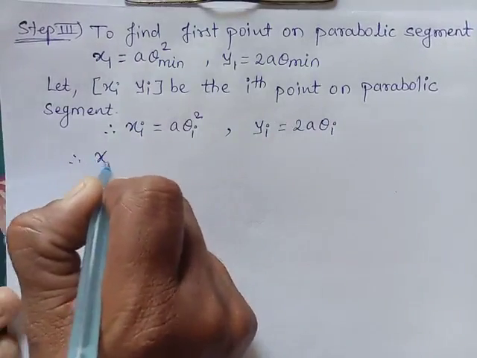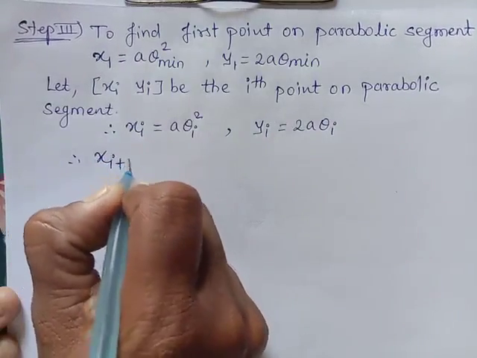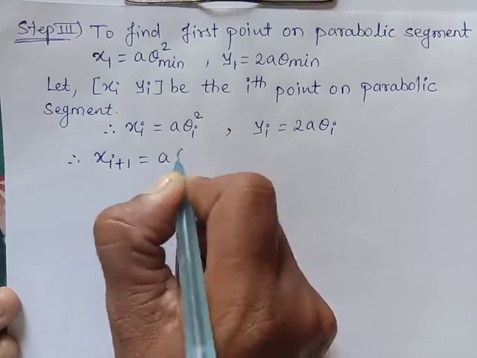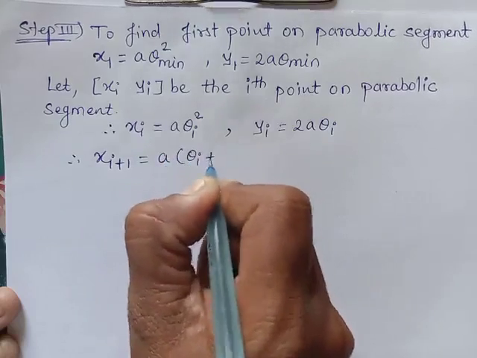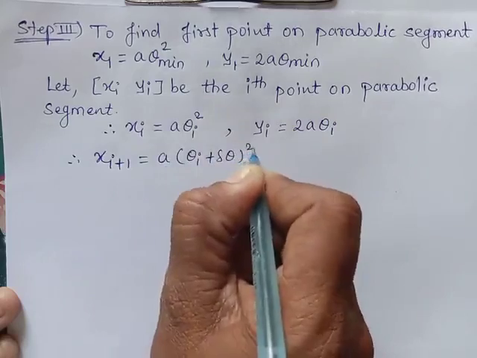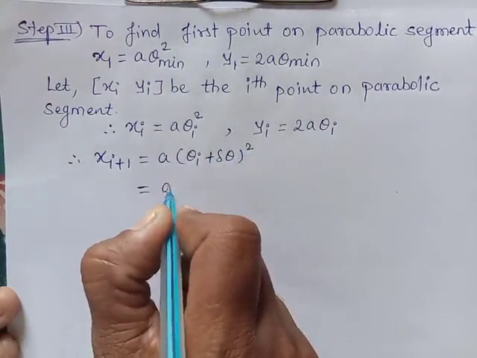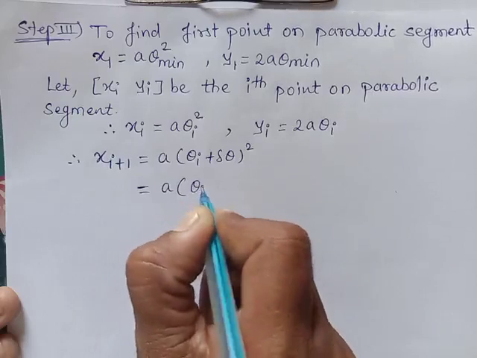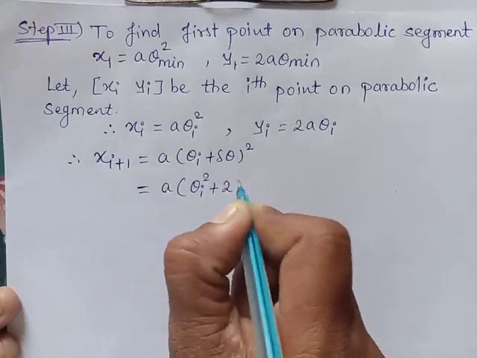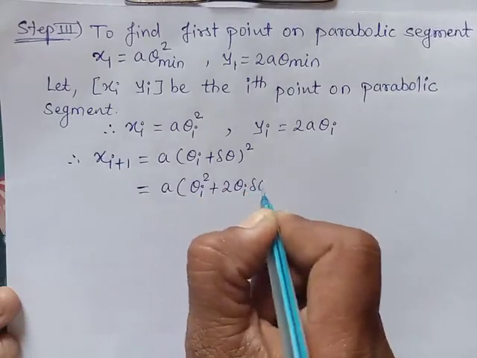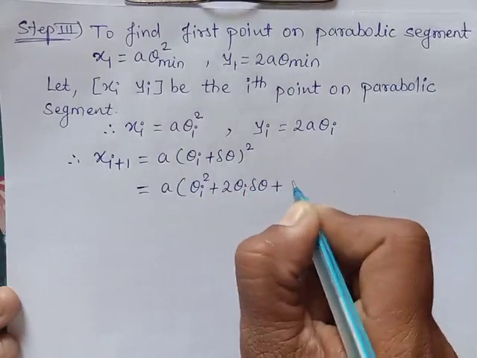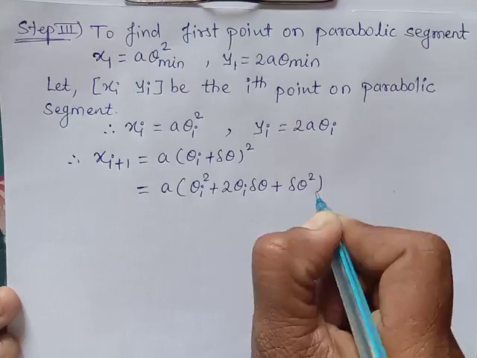Therefore xi plus 1 equal to a into theta i plus delta theta square. So that is a into theta i square plus 2 theta i delta theta plus delta theta square.